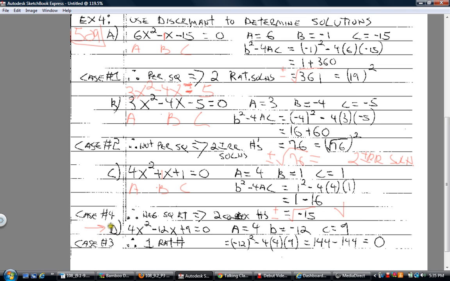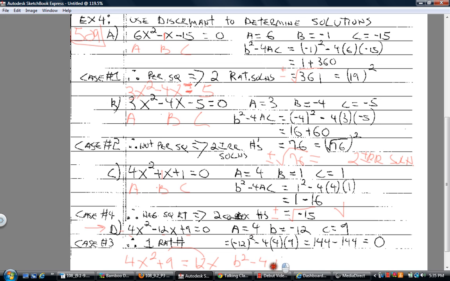Okay, example 4D. They talk about this one on the homework or in the book, they try to trick you again. It's 4x squared plus 9 equals a positive 12x. Move the 12x over, you come up with this, and therefore you get your A, your B, and your C. Write them down, plug them in, and so it's b squared minus 4ac, you know the drill.